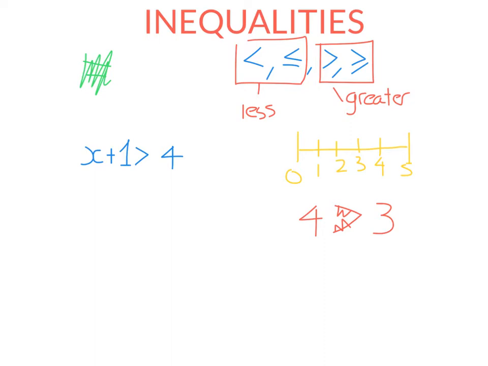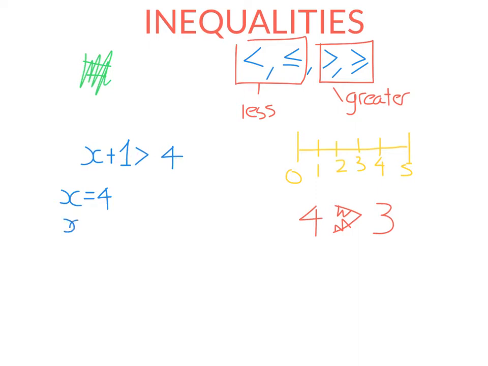Now, your intuition probably tells you that unlike equations, there's not just one solution. There are, in fact, infinitely many solutions. There are infinitely many numbers you could substitute for x to make this statement true. You could substitute x is 4, because 4 plus 1 is greater than 4. That's a true statement.